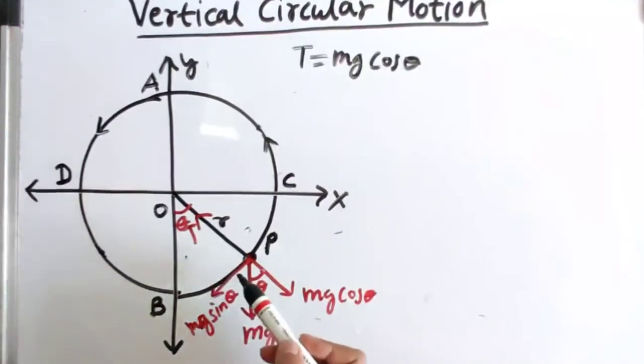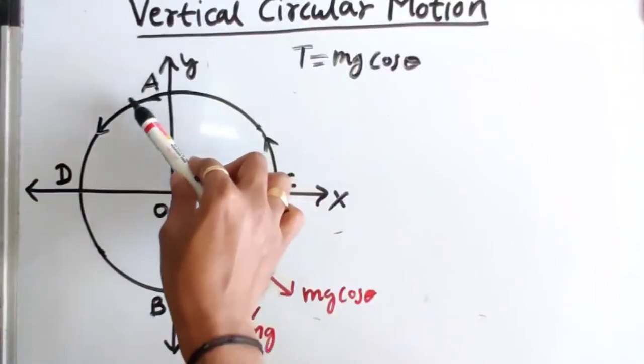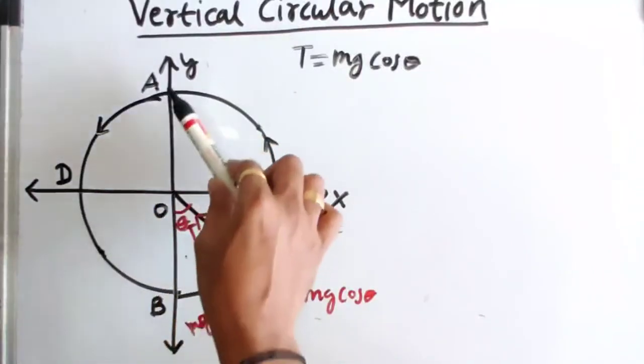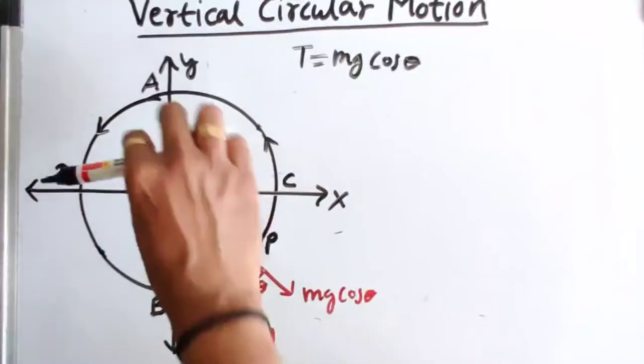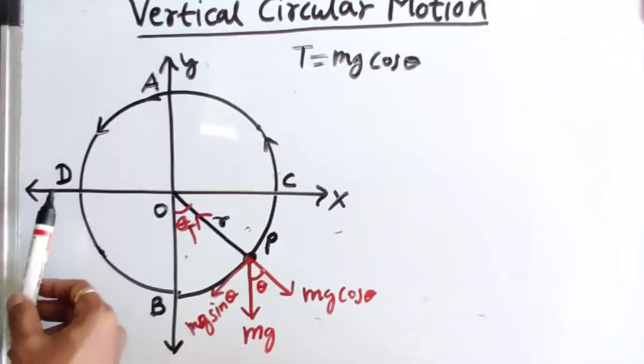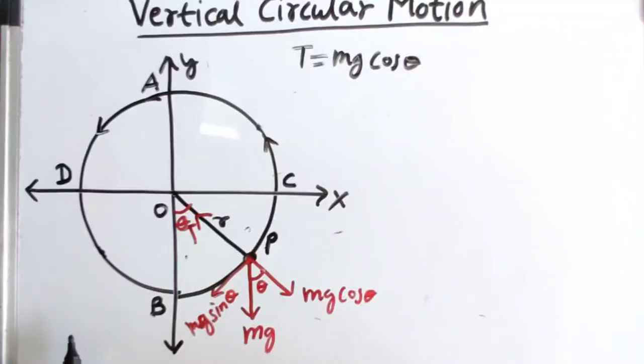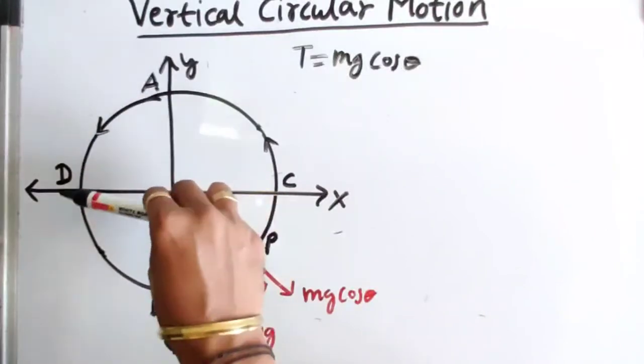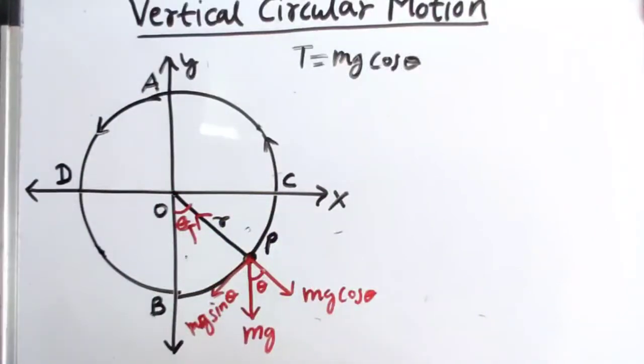But when the same particle is moving along the path ADB, the direction of motion is downward, and the direction of mg sin theta is also downward. So they assist each other, and the speed of the particle along the path ADB goes on increasing.